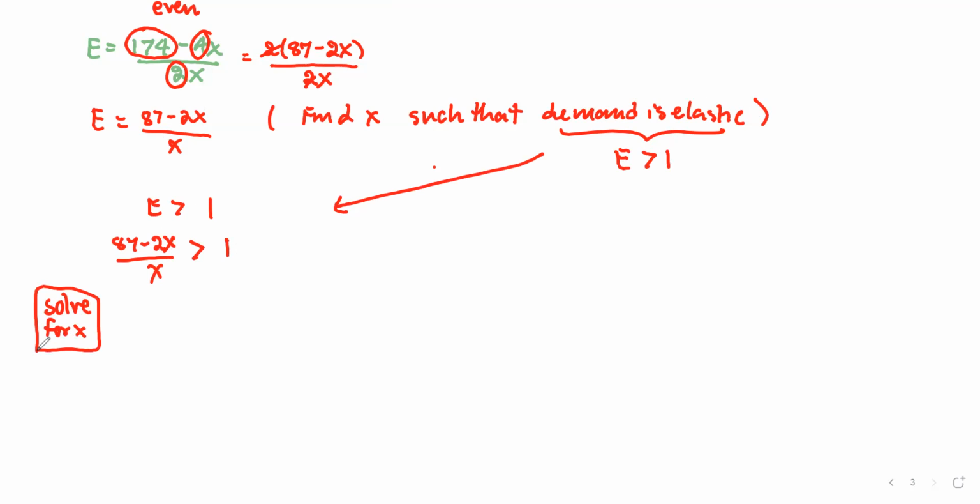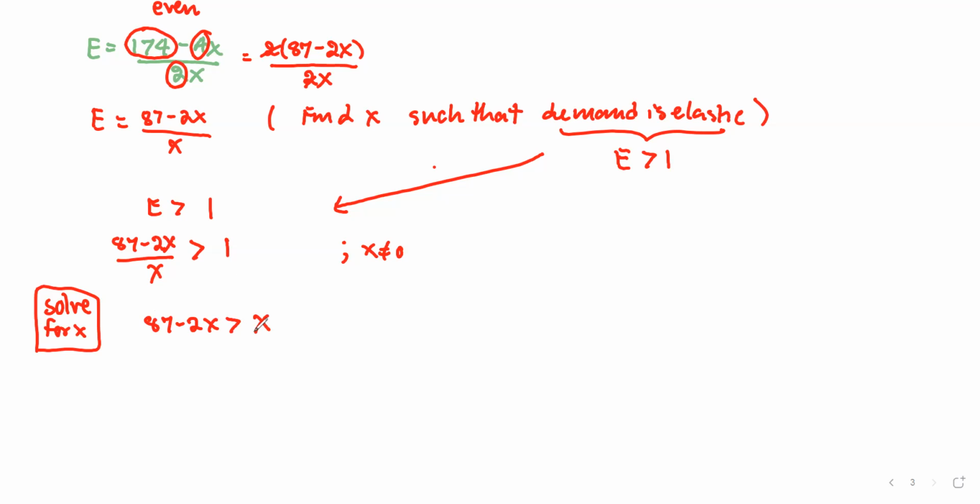How do we solve for x? X cannot be 0, because we cannot divide by 0, and it makes sense because x is the level of production. The quantity has to be a whole number, otherwise it doesn't make sense. To solve for x, multiply both sides by x. We have 87 minus 2x greater than 1 times x, which is x.